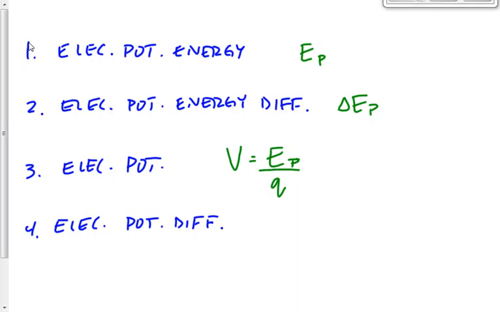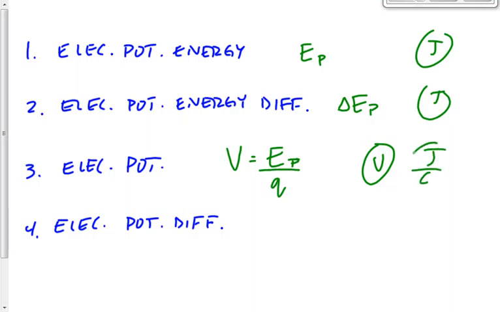Okay, the amount of energy per coulomb of charge. What would the units for this one be, by the way? We know that these are going to be joules, right? What would the units for electric potential be? Could be volts. Could be volts. What else could it be? Joules per coulomb, right? Good. Same thing, right? You don't have to do a conversion from volts to joules per coulomb. It's the exact same number.